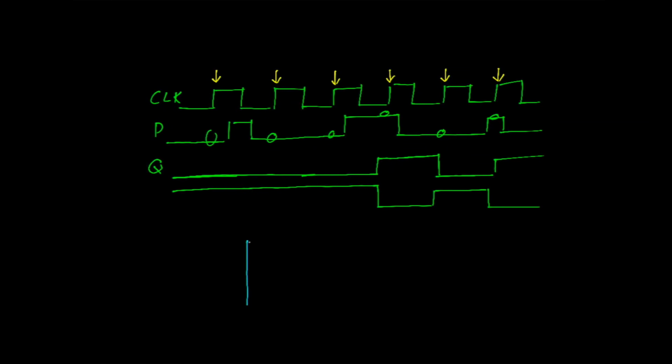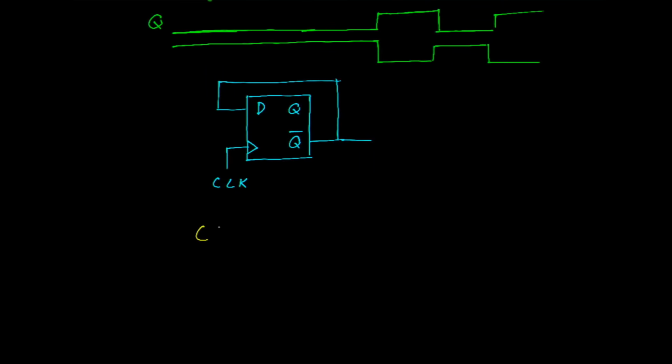Here's a simple circuit using the D flip-flop. In this simple circuit, we'll connect Q naught back to D. And we'll let this be clock. Let this be the clock signal.